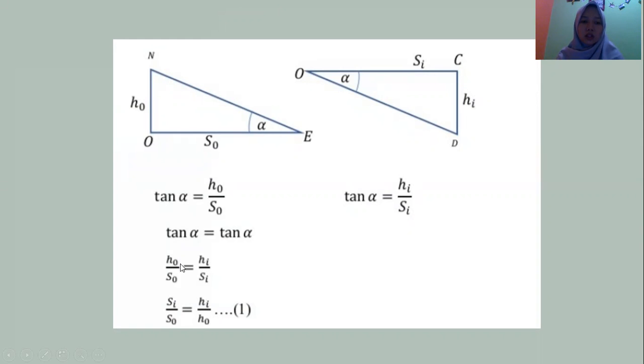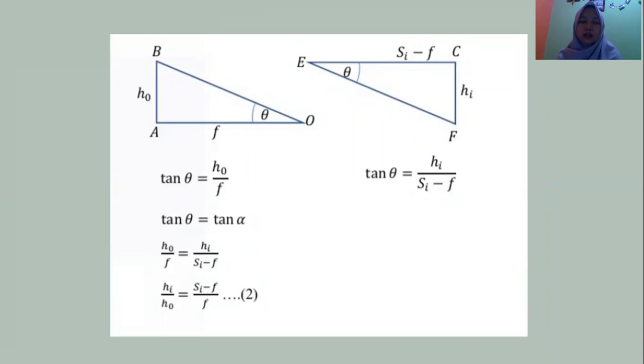So we can conclude HO divided by SO equals HI divided by SI. So here we can get the first equation: SI divided by SO equals HI divided by HO.